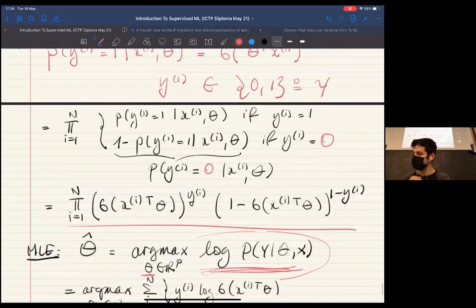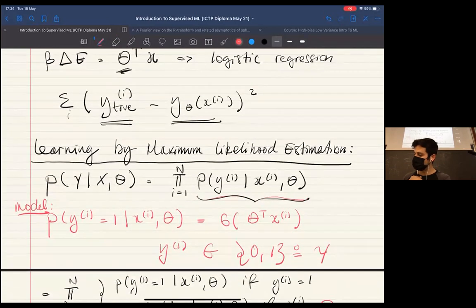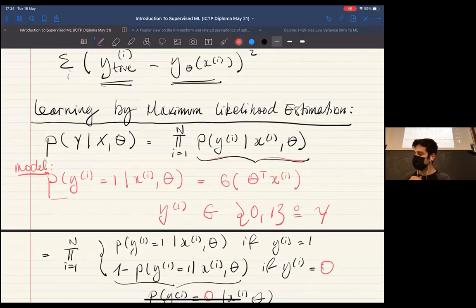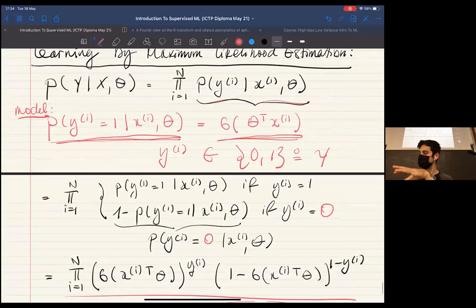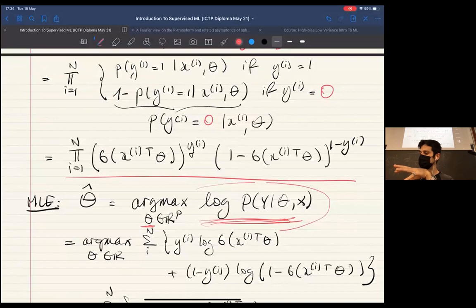I'm assuming that the probability that a label is +1 is given by this logistic form. Right? This is my assumption. So I'm then writing the likelihood of the whole set of labels according to my model, which is what I do here.